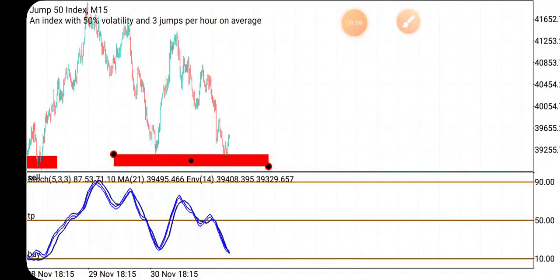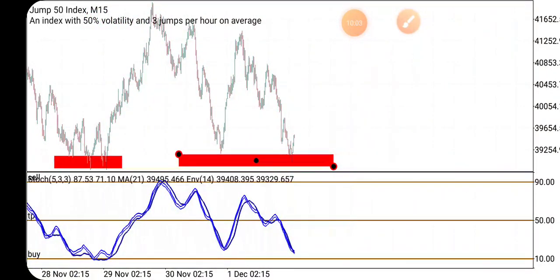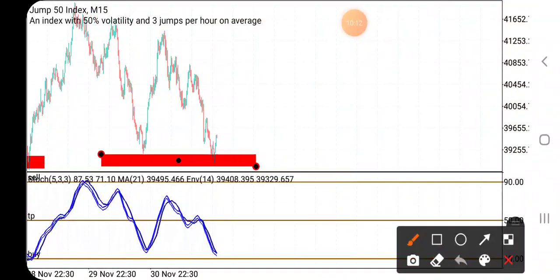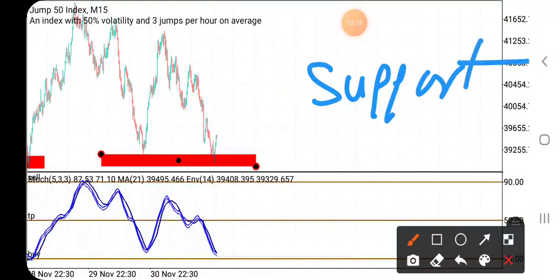Remember what I told you: the fact that you see a double bottom or a W pattern never means that the price is going to go up. So you need to pull up indicators and combine different factors to enter this trade. As you can see, in this trade we are using support. There's our number one factor for this trade.